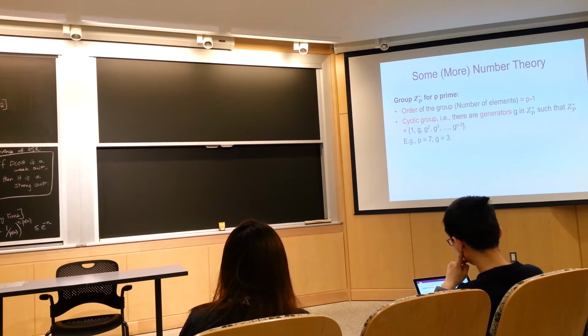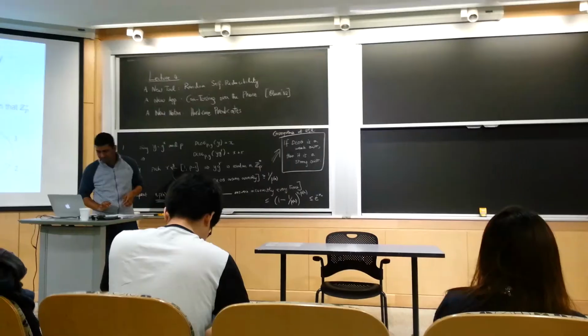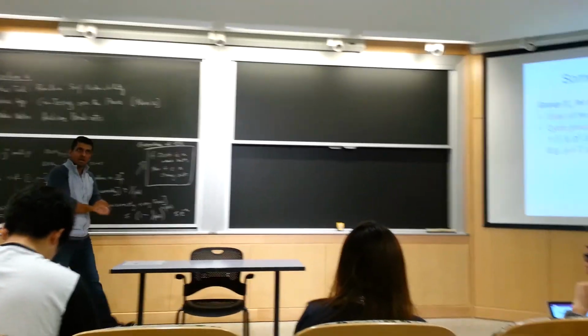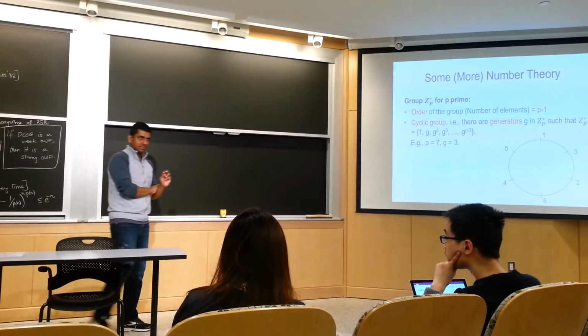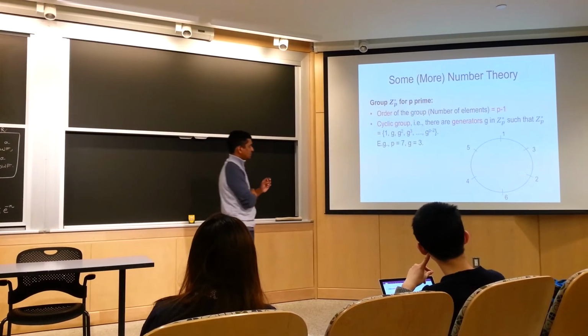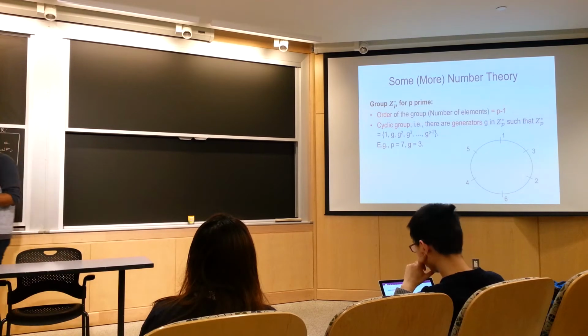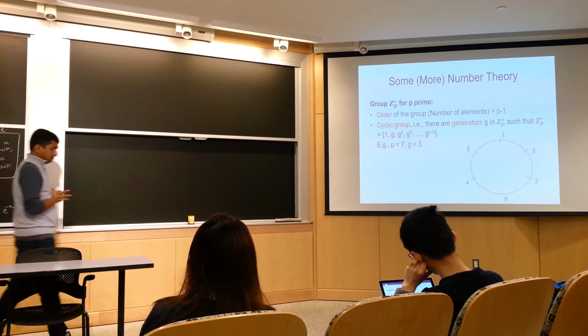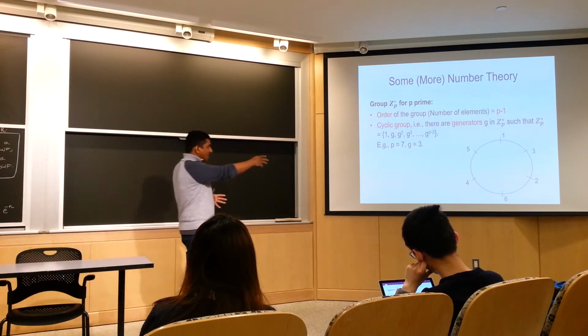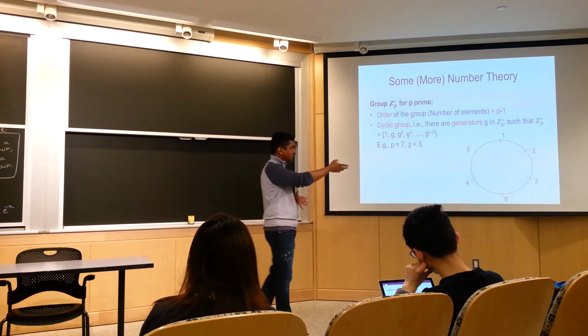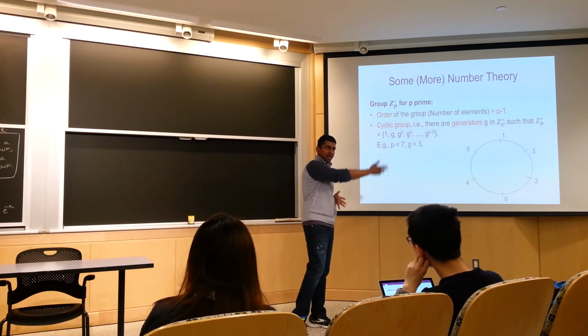So let's peer at this a bit more closely. Let's say p is 7, prime, very good. g is 3. So why is g a generator? We can work it out. Now I wrote down this Z_7 star, numbers from 1 to 6 inclusive, in this strange way, in this circle.